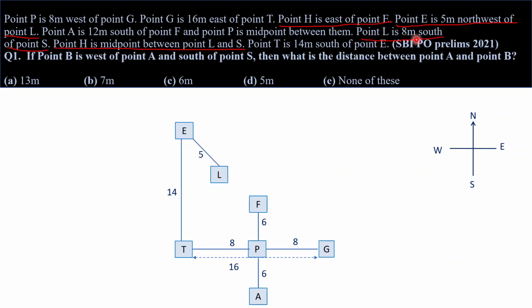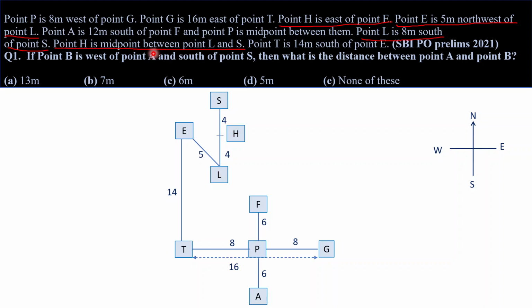Now point L is 8 meters south of point S and H is the midpoint between point L and S. So it was something like this. L was 8 meters south of S and H was the midpoint between S and L. So the distance between SH and HL is same, which is 4 meters.